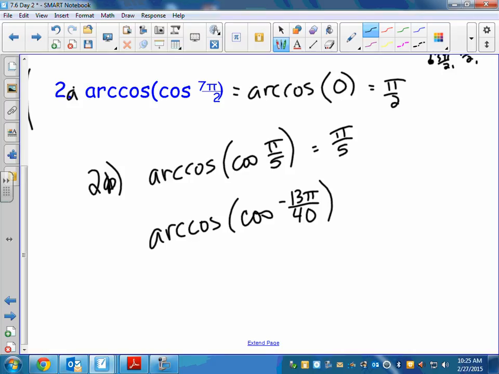But what do I know about cosine? Cosine is what type of function? It's an even function. So if it's an even function, is it the same as if this said positive 13 pi over 40? Is that between 0 and pi, 13 pi over 40? So that would still be 13 pi over 40 because it's an even function.